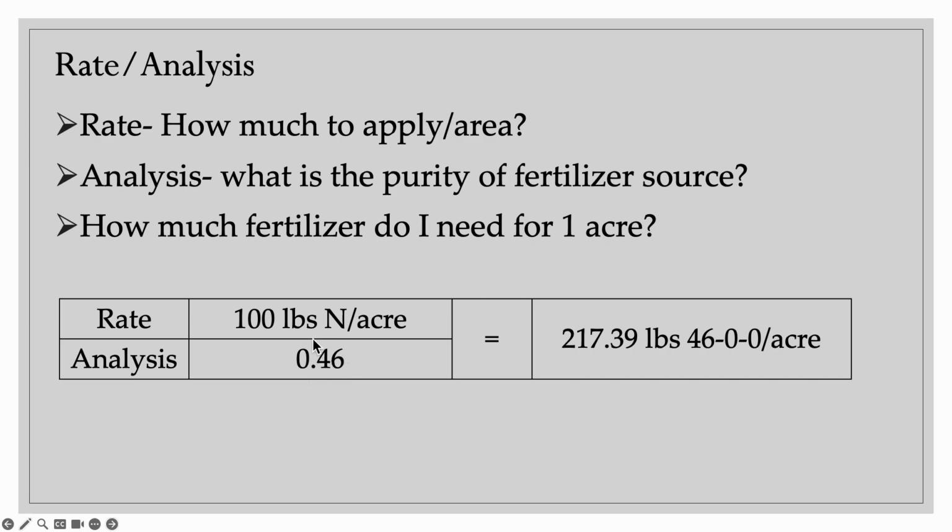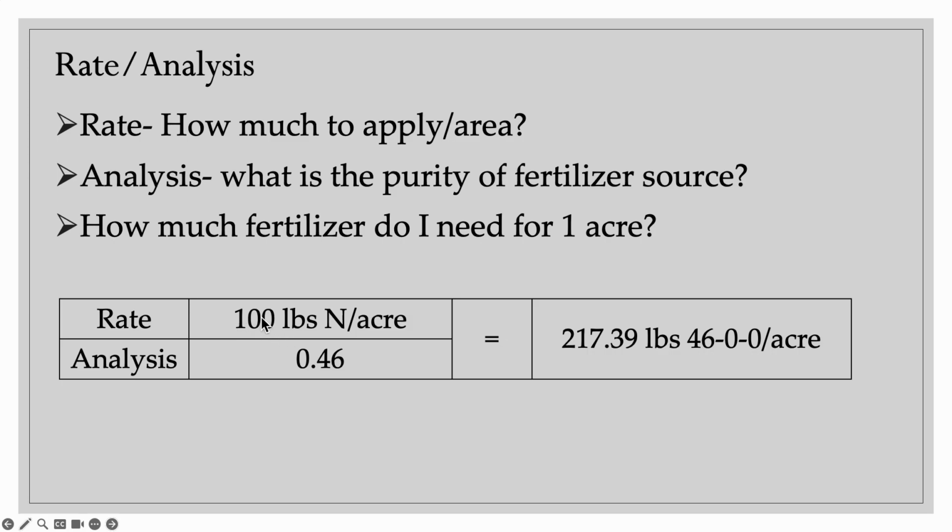The analysis will always go on the bottom when asked for how many pounds of fertilizer you need to apply. Rate over analysis. This is a very simple division calculation.